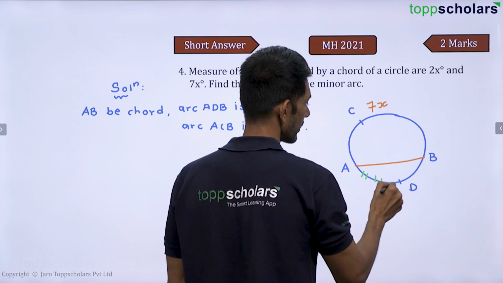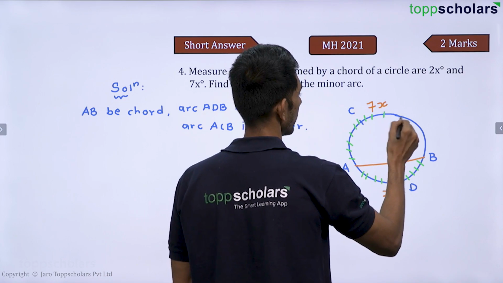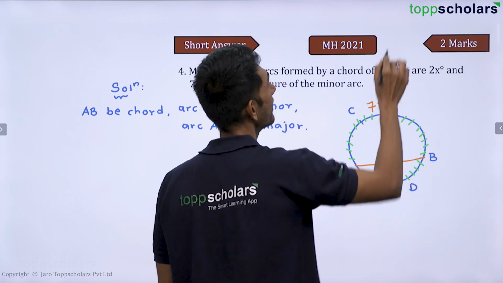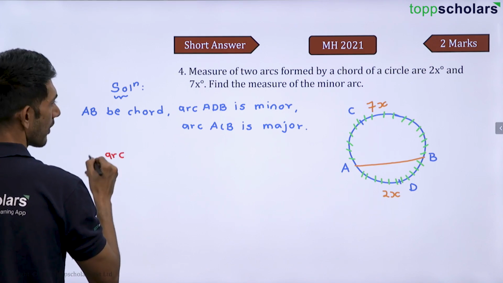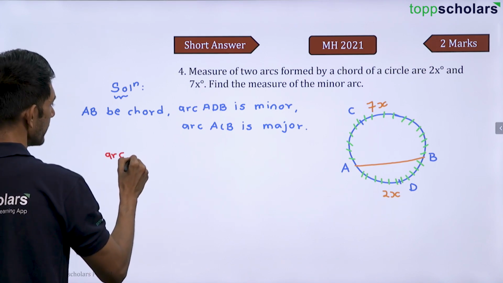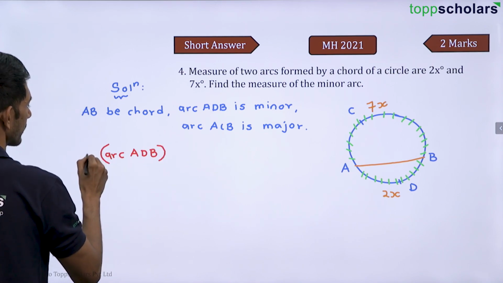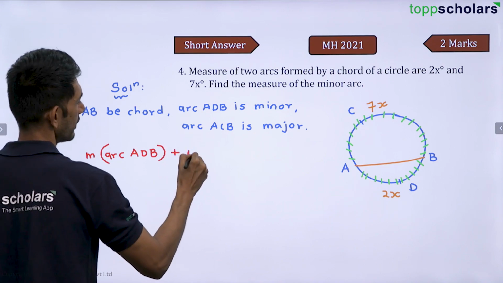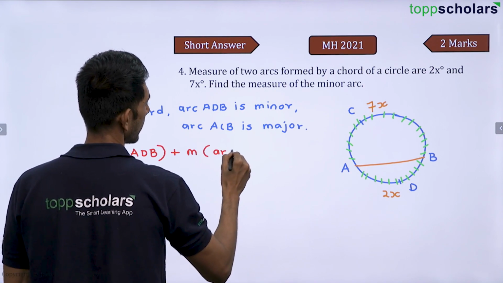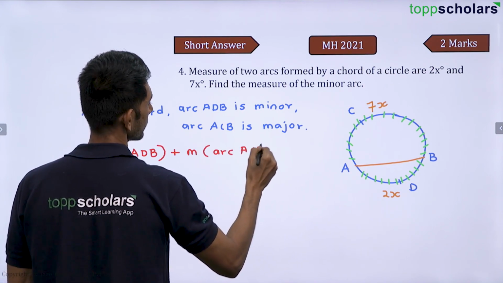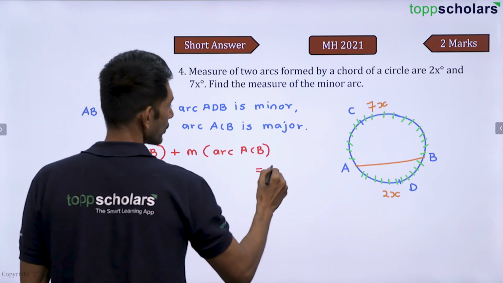If I have this arc and then if I have this arc and if I add both of them, what will happen? Can I say the measure of arc ADB plus the measure of arc ACB gives you the complete circle, right? That is 360 degrees.